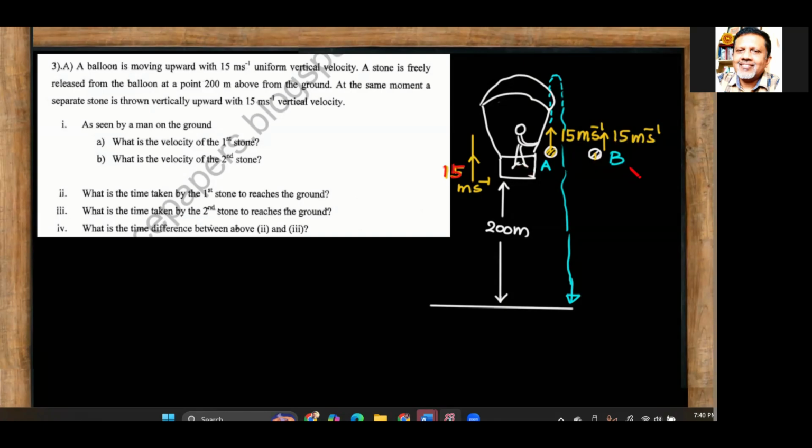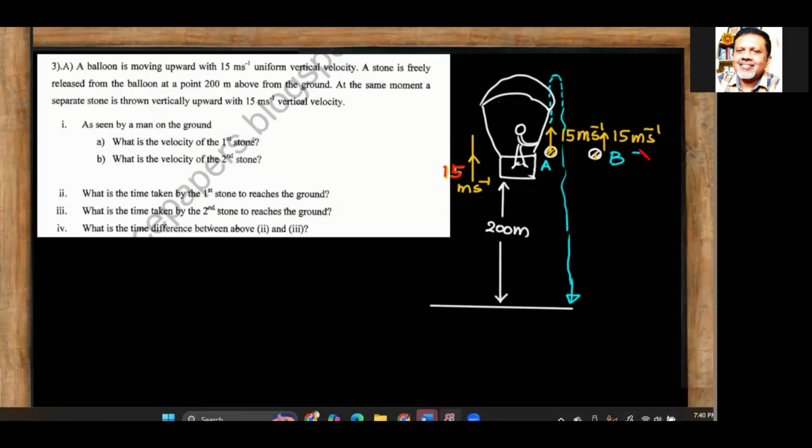If it is thrown upwards, this person has to spend some energy to throw it out. Releasing the ball is without any effort, he just released. But throwing upwards should be relative to the balloon. Right. So therefore, we have to have an additional 15 meter per second here for the second ball.